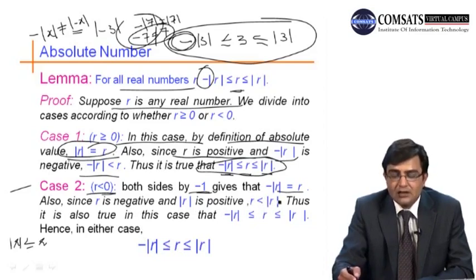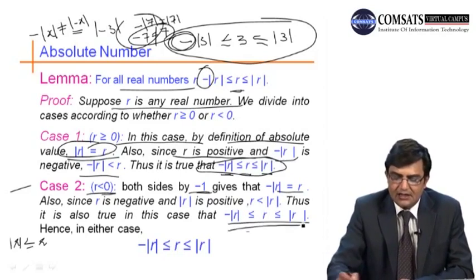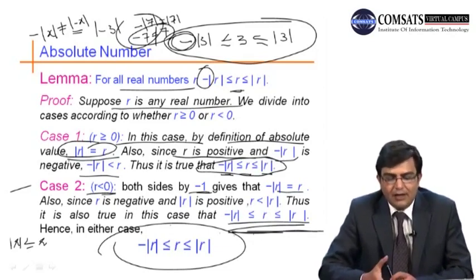The absolute value of r is always greater than r if r is negative. Thus the inequality also holds in this case. So the given result can be easily proved by using the definition of the absolute value of any real number.